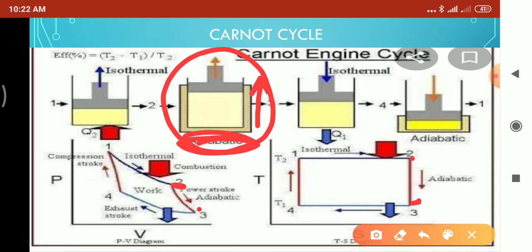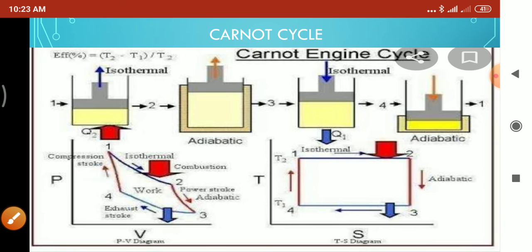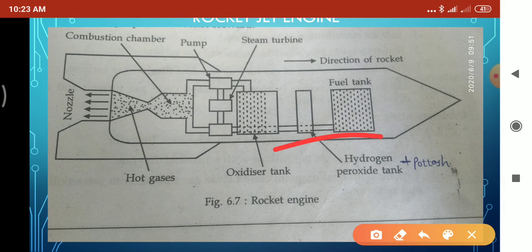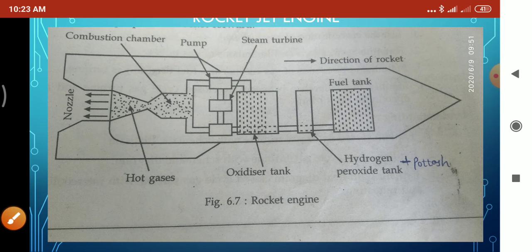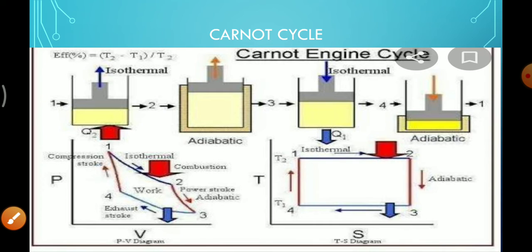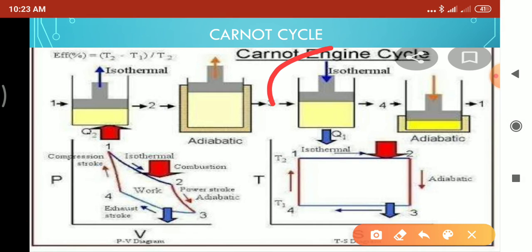Then process number 3, that is called again isothermal compression process. See here, consider this is the third process. Now piston moves from top dead center to bottom dead center, means downward.